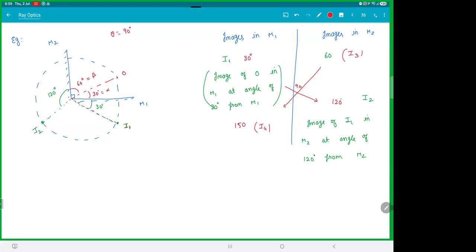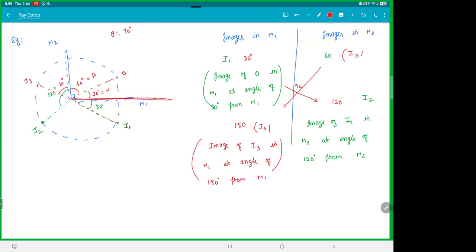So that thing is somewhere here, I3 at an angle of 60 degrees from M2. I4, this is the image of I3 in M1 at an angle of 150 degrees from M1.